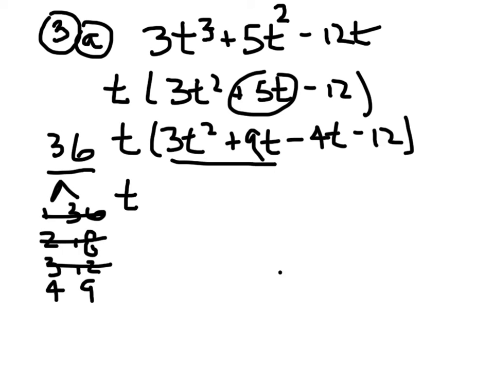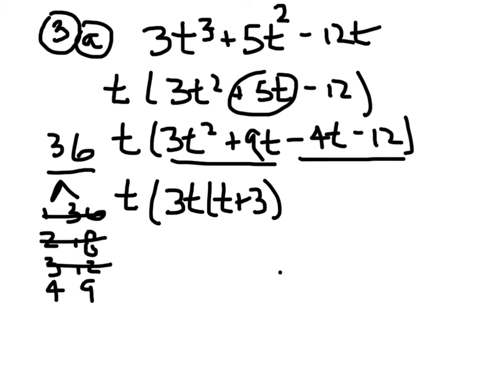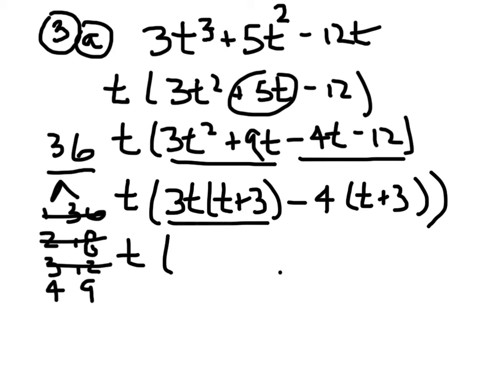Now from the first two terms I can factor out a GCF of 3t, and I'll be left with t plus 3. The second set of terms begins with a negative, so I'll factor out a negative 4, and when I divide each of those terms by negative 4, I'll be left with t plus 3. That's a good sign. And now lastly on the inside, from each of these I can factor out a t plus 3.